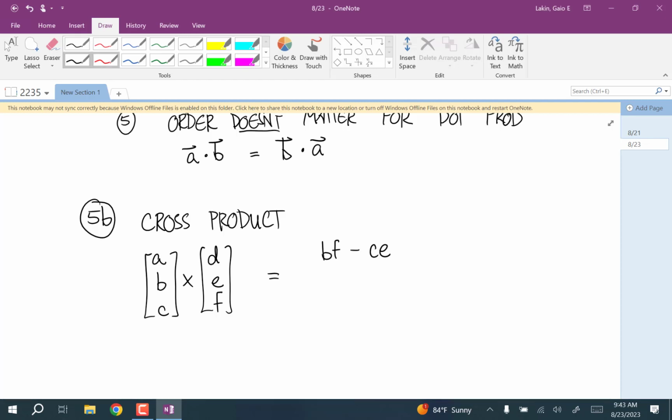You do the same thing on the Y component. Cross out the Y components. Take A times F minus C times D. But you have to be careful with the Y component. The Y component has this little wrinkle thrown in.